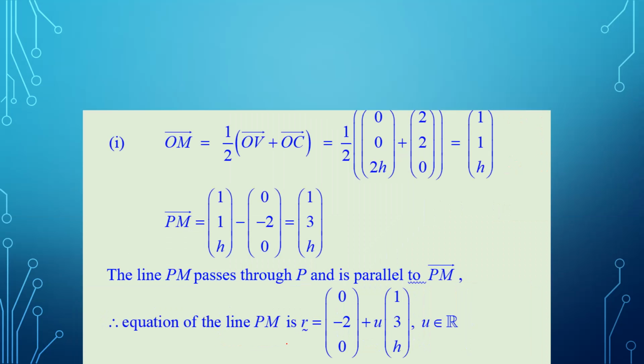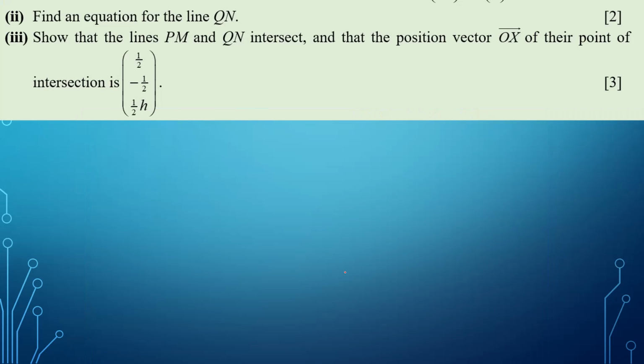Once you can write down the position vector of OM, you can find PM. PM comes from OM minus OP. And with that, you are able to write down the equation of the line PM, because I need 1 point and 1 direction. So the 1 point, I'm using point P, with position vector OP. That will be your equation of the line PM.